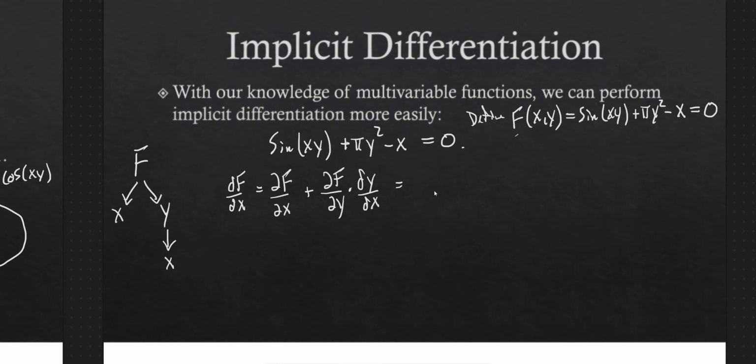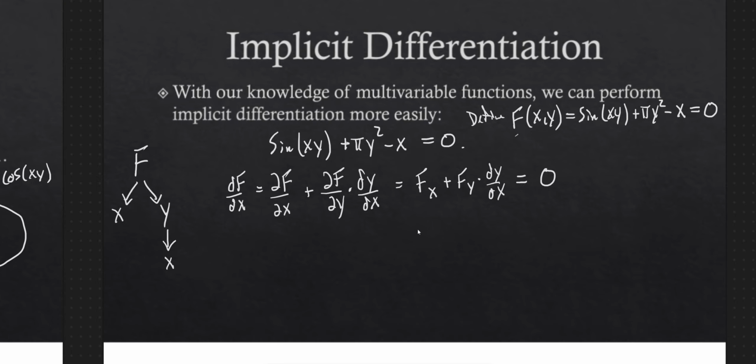I'm just going to write fx for partial f with respect to x, and fy for partial f with respect to y, times dy dx. Now remember, big F of xy was just 0. It's identically 0 everywhere. So this is all equal to 0.